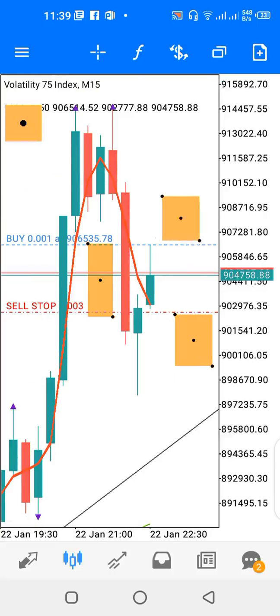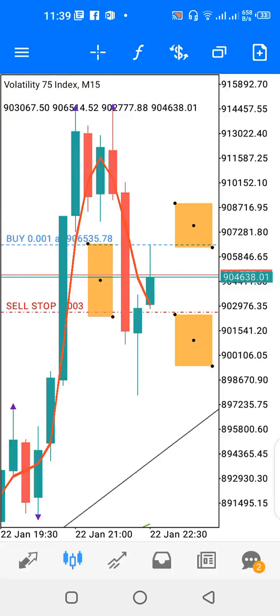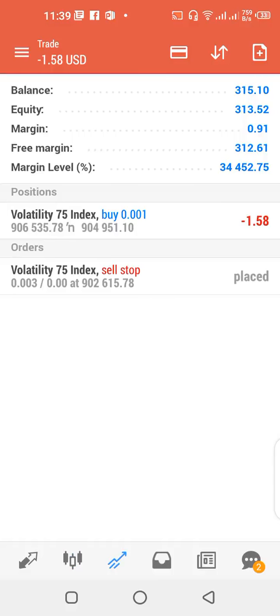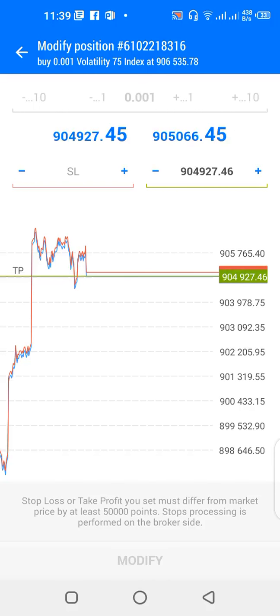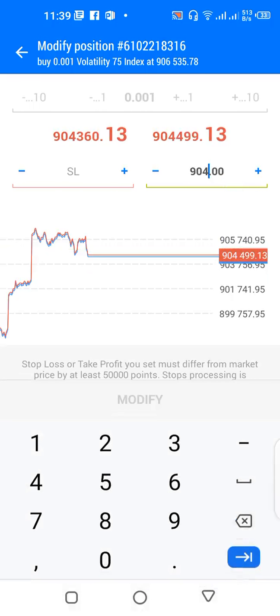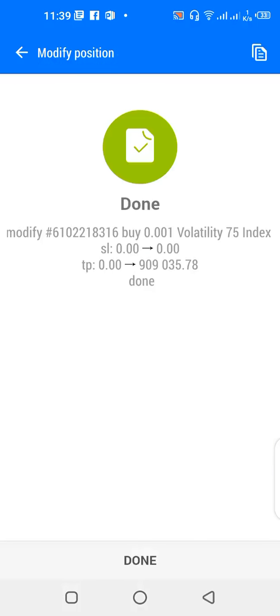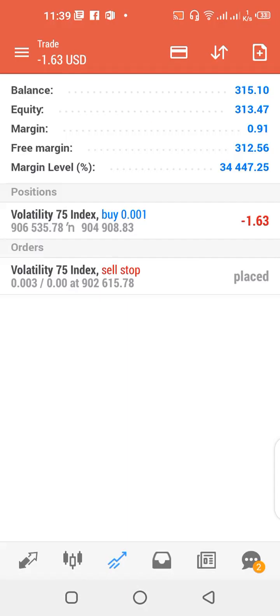If I measure 2,500 points above my original trade, I'll have 909,035.78. So I'm going to set my TP at 909,035.78. Okay, that's my TP for the current running trade.